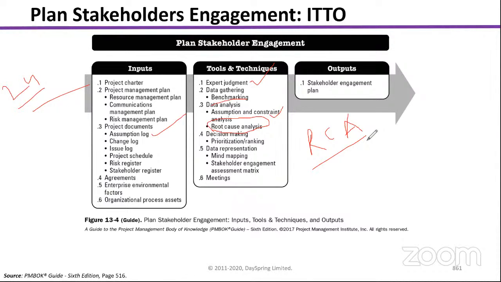Root cause, we often see in projects, sometimes you are putting a lot of effort to engage your stakeholders, right? Or trying to get their support. You are doing a lot of things, a lot of actions you are taking, but that stakeholder is not helping you, right?